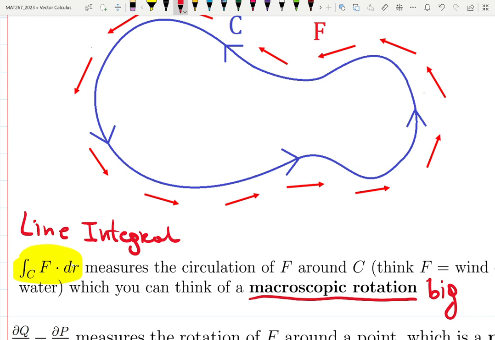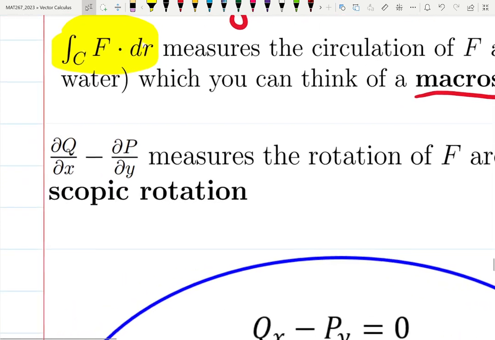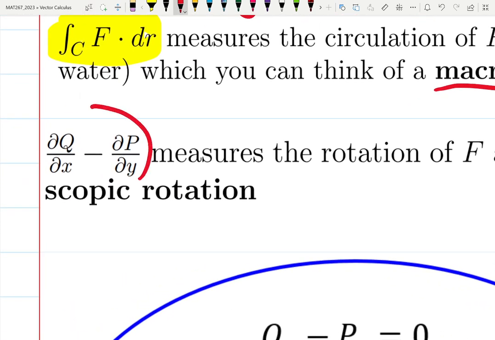You're like, wow, we should avoid that. Or it's a tornado accumulation. You know that. Now, this thing inside zooms in. When you zoom in and you see in the ocean small rotations, they are the ones who are creating a big rotation. So this term, dQ/dx minus dP/dy, measures the rotation of f around a point.